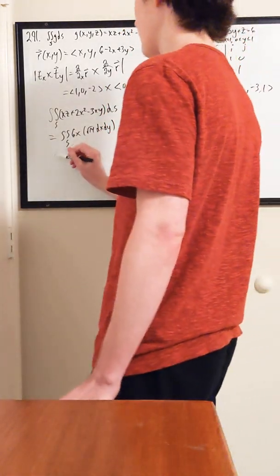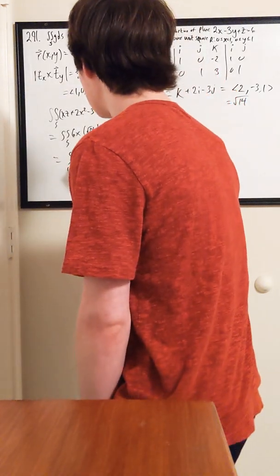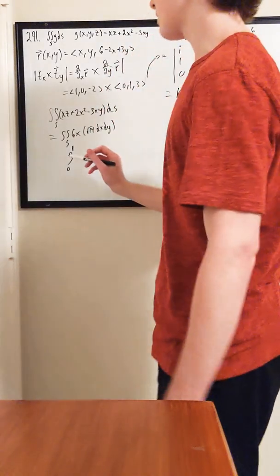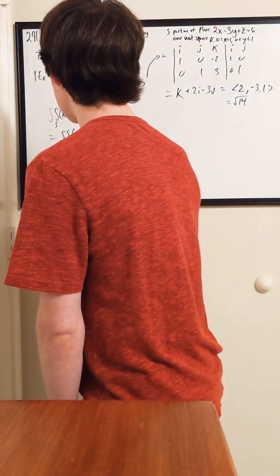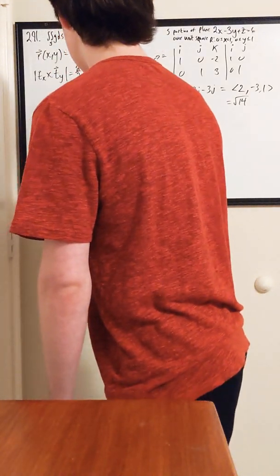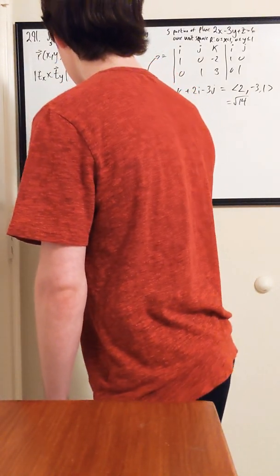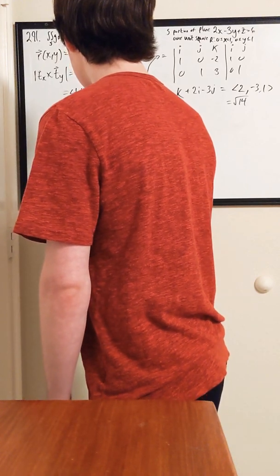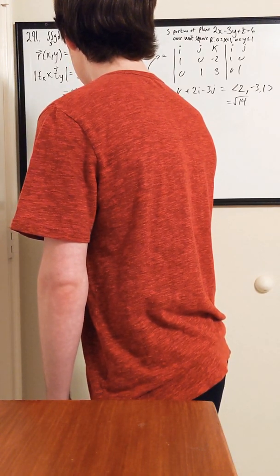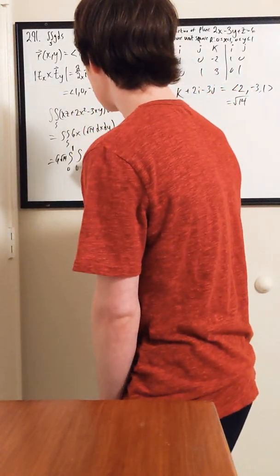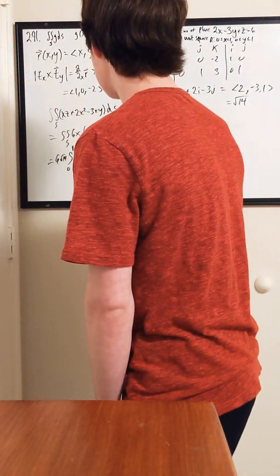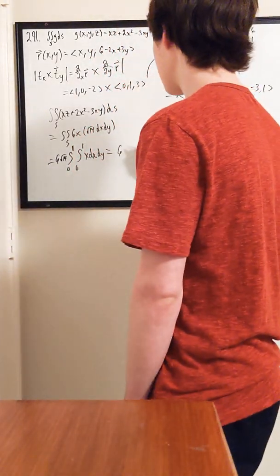And then this would come down to 0 to 1. You could factor out the 6 and the square root of 14, so you get 6 square root of 14, 0 to 1 for the y, and then you have x dx dy, and they're separate of each other, so you could just separate that.